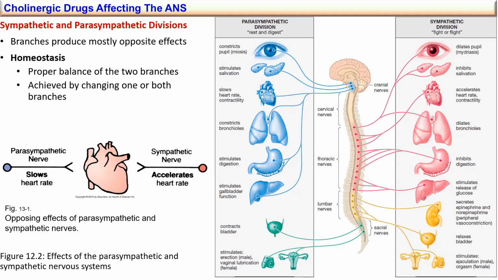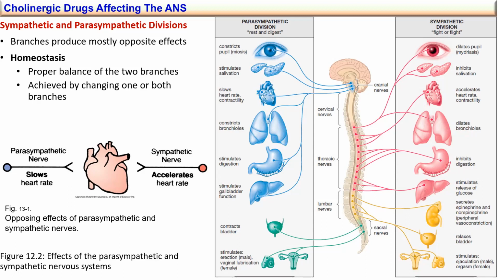It will also stimulate erection and vaginal lubrication. The other side, which is the sympathetic nervous system, we will find that the activation of the sympathetic division or nerve will dilate the pupils.